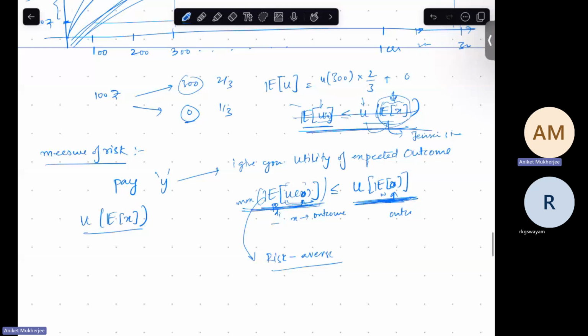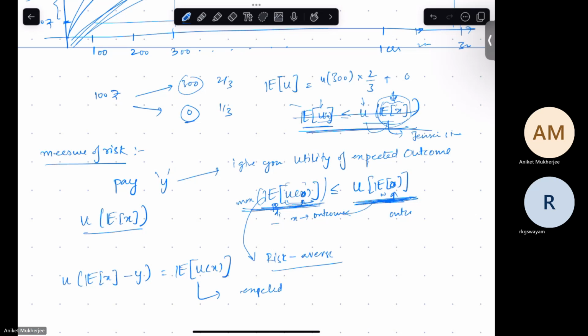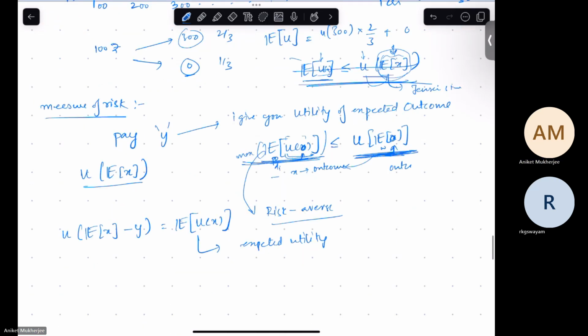And this is basically what we'll use to measure risk: how far away you are from the average outcome. So what you'll do is u of expectation of x minus y is equal to expectation u of x. This is your expected utility, and this y is the payment you make to get rid of all the randomness and say, okay, I want the average outcome, I don't want anything else.